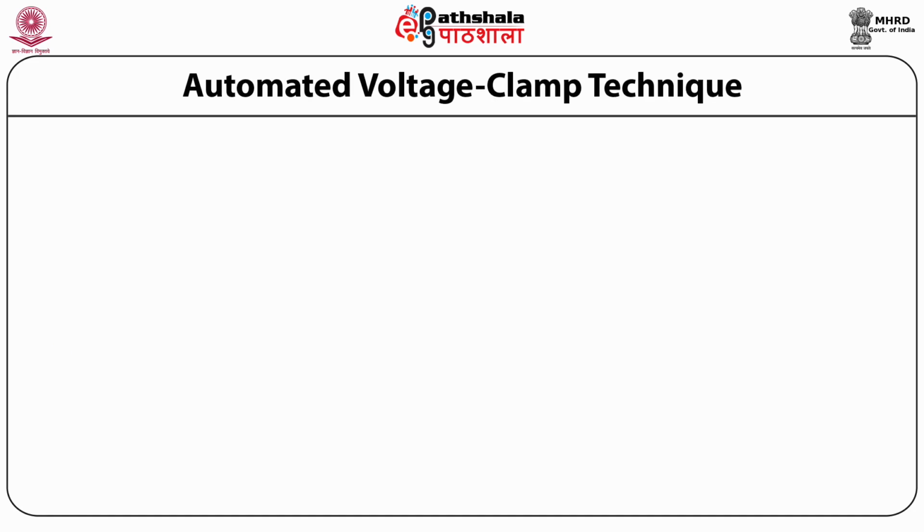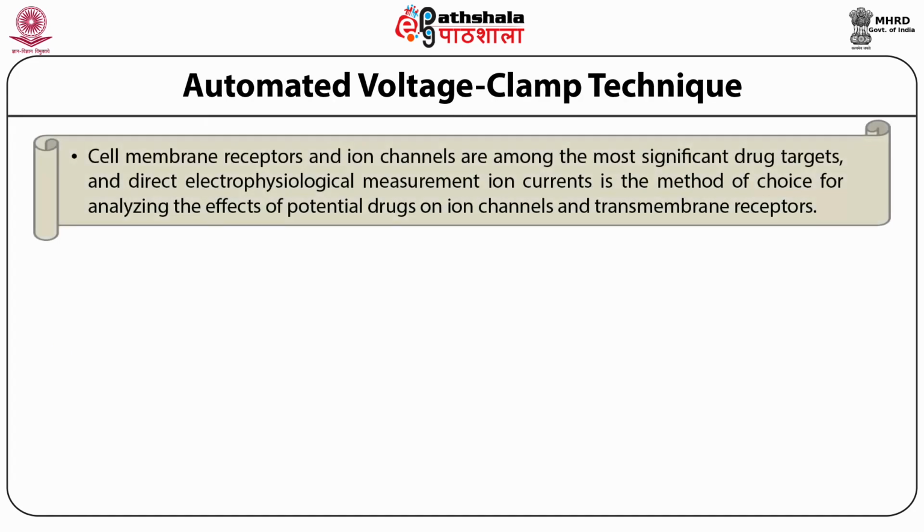Automated voltage clamp technique. Cell membranes, receptors and ion channels are among the most significant drug targets, and direct electrophysiological measurement of ionic current is the method of choice for analyzing the effect of potential drugs on ion channels and transmembrane receptors.